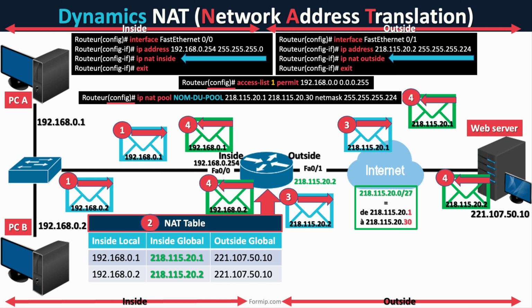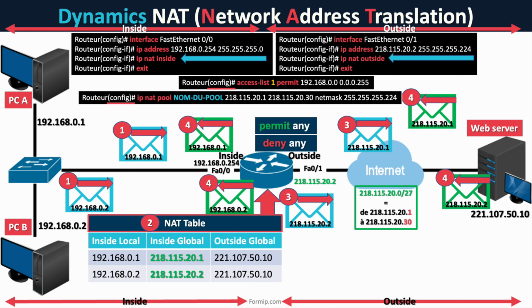The ACL should only have permissions for the NAT, because if at the end of the ACL you make a permit any, which allows all packets, then the NAT protocol will cause a lot of consumption of router resources, which will cause a lot of problems on the network. As a reminder, at the end of each ACL, there is implicitly a line that we do not see, which is a deny any.